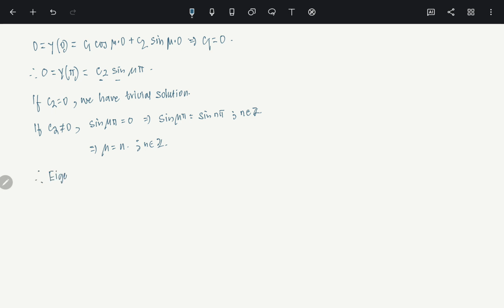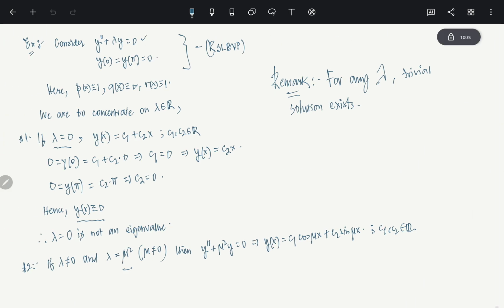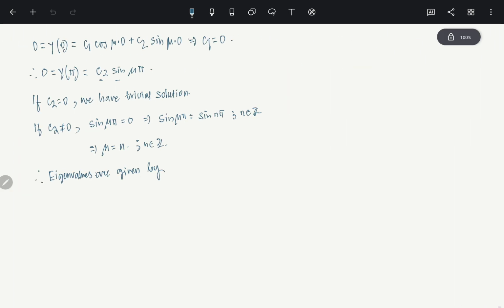The eigenvalues, which are positive, are given by lambda, which is mu square, and mu square is n square. So eigenvalues are given by n square, where n is in N, or Z also, it doesn't matter.